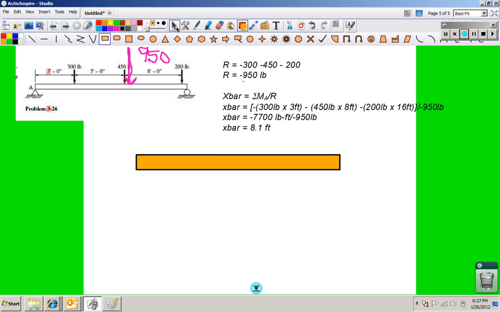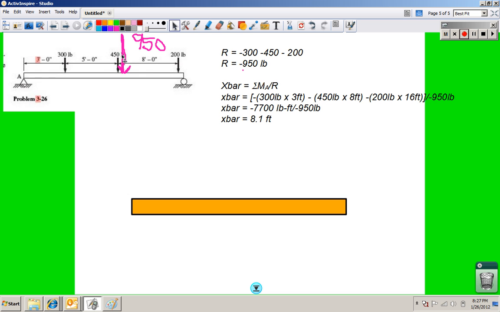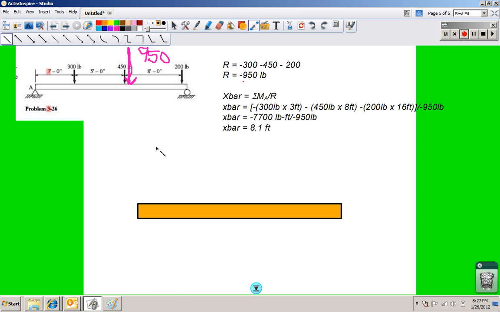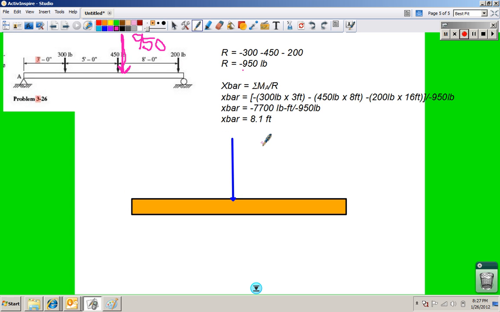Here's the beam. It's backwards. Okay, and that is 950 pounds at 8.1 feet here.